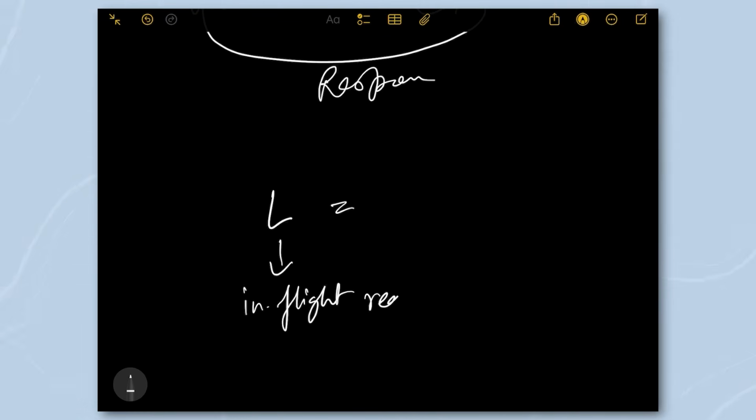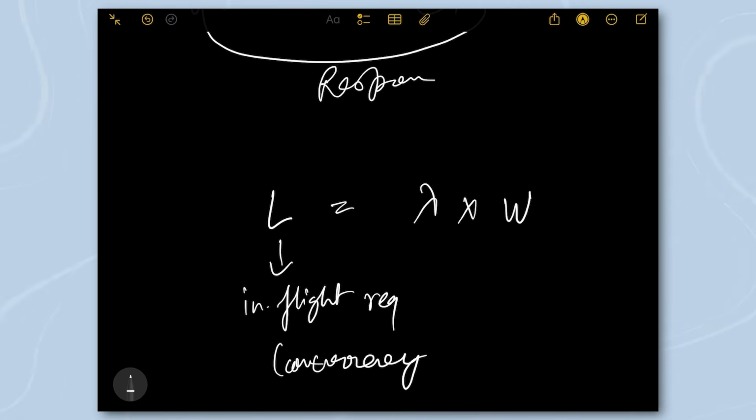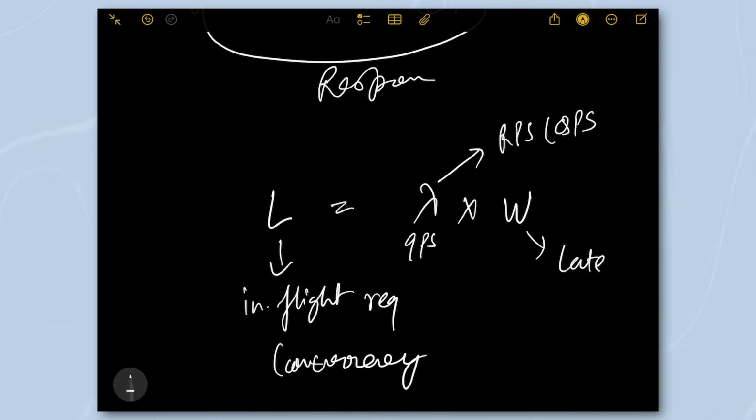In-flight requests or concurrency is nothing but lambda times W. Lambda is requests per second, or queries per second, your QPS. And W is the average time to handle one request, which is nothing but your latency.